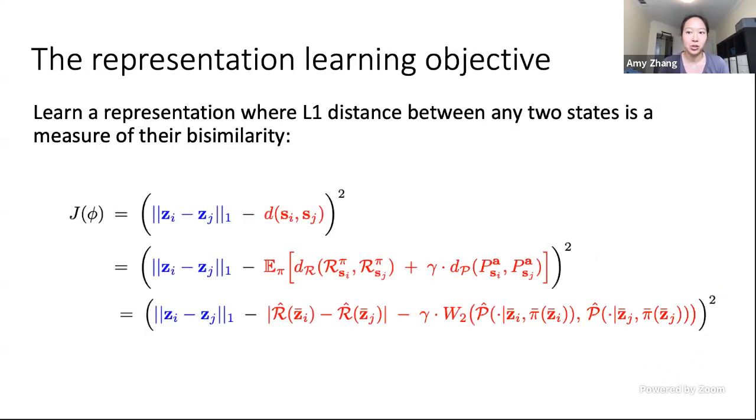So now this leads us to our representation learning objective. We want to learn a representation where L1 distance between any two states in that representation is a measure of their bisimilarity. And we can do that with this objective here. In blue, we have the L1 distance in this latent space, and in red is the definition of the bisimilarity between those two states.